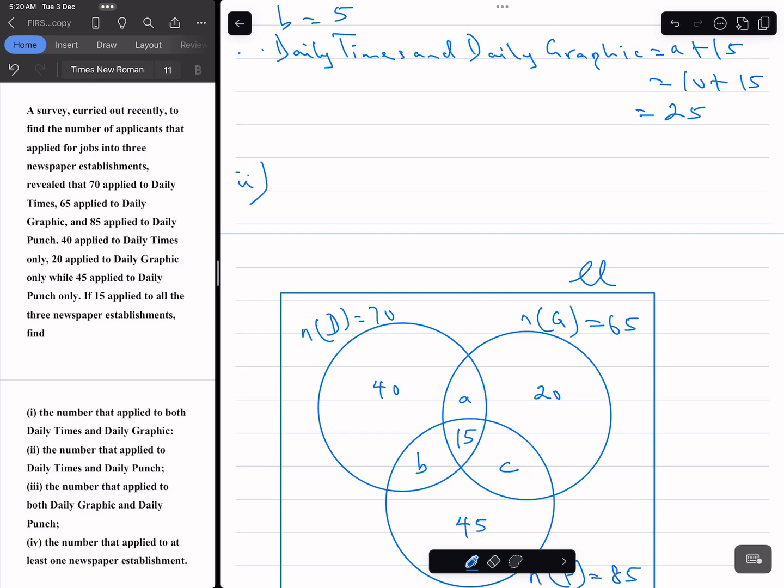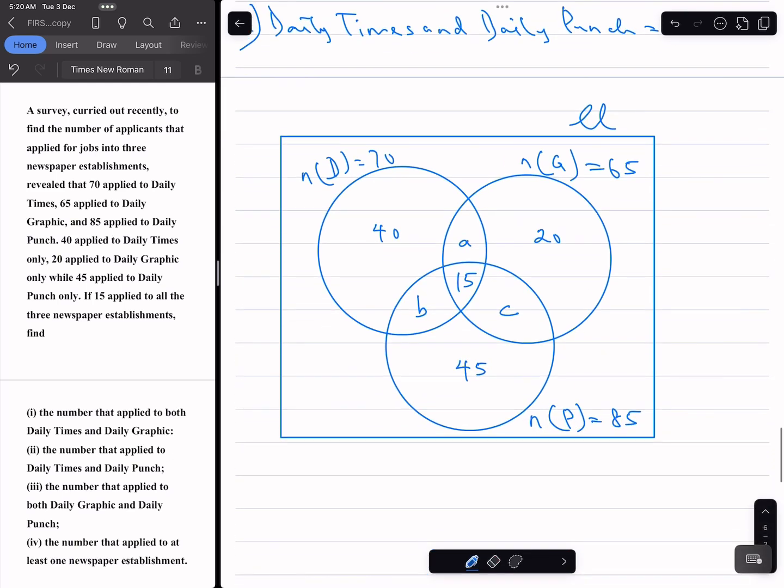Roman figure 2, find the number that applied to Daily Times and Daily Punch. Daily Times and Daily Punch is equal to, this is Daily Punch, that's B plus 15.